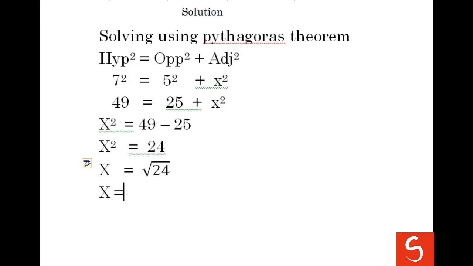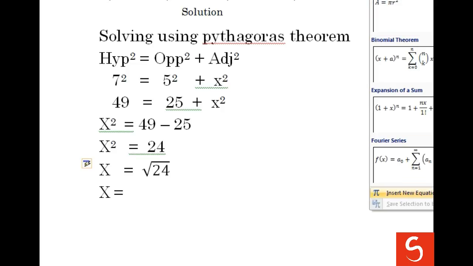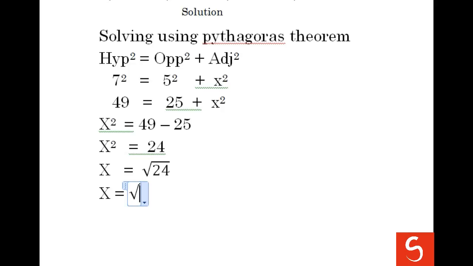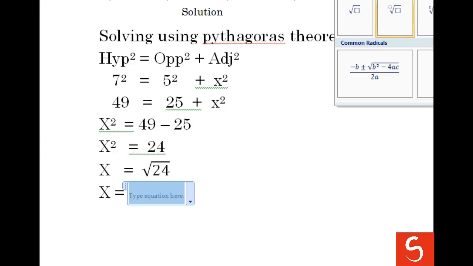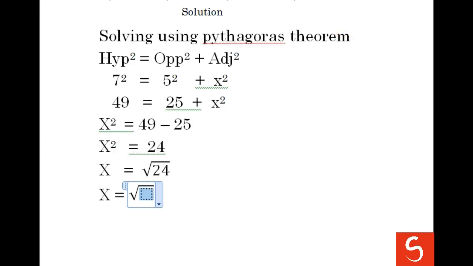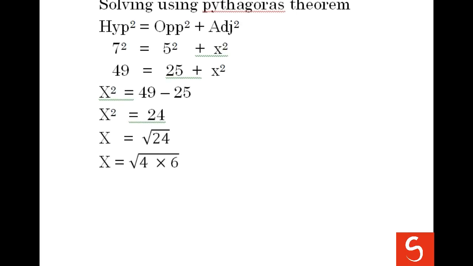Putting root 24 in surd form, we have 4 times 6, a very good combination. Since 4 is a perfect square, we bring out 2 outside, which is the square root of 4.